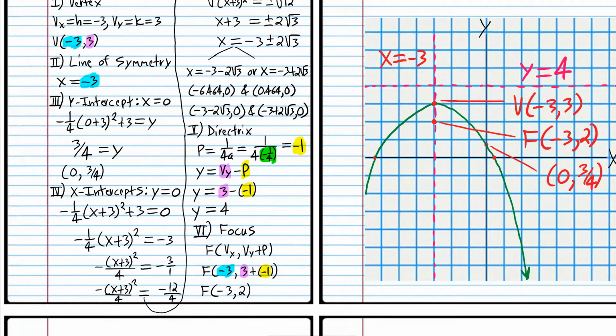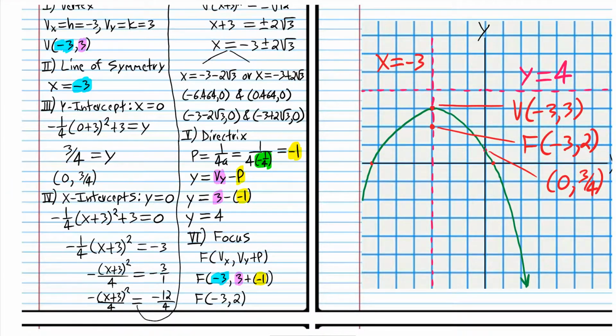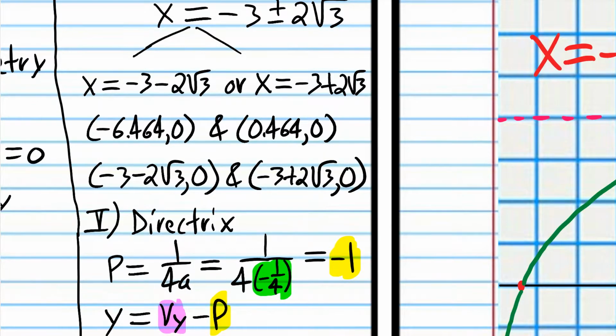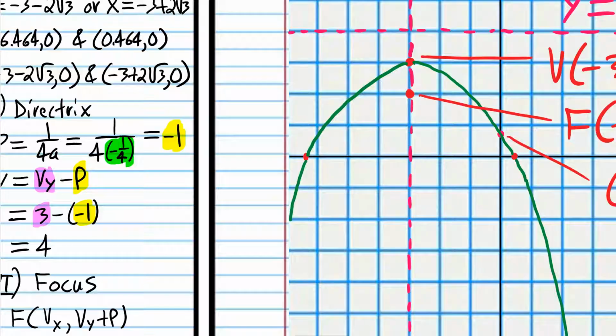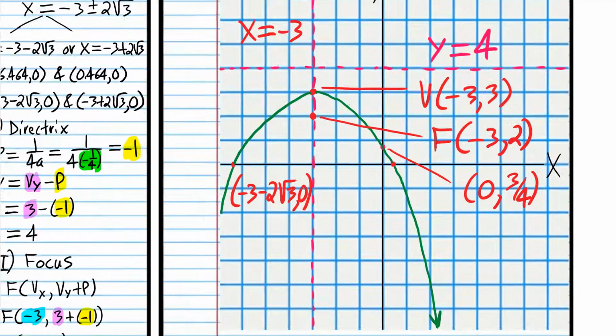And now the hard part is going to be the x-intercepts. We're going to have to try to fit those expressions. When we write the x-intercepts, we're not going to write these rounded off numbers. We're going to write the exact numbers. So over here we have -3 minus 2 √3, 0. As you can see, it's kind of hard to fit in there.